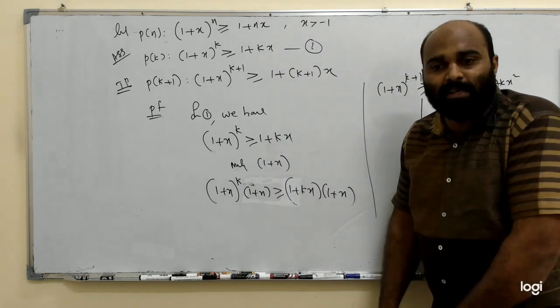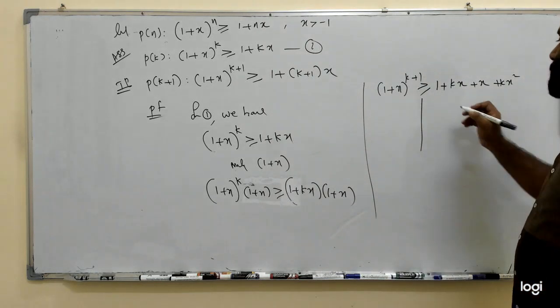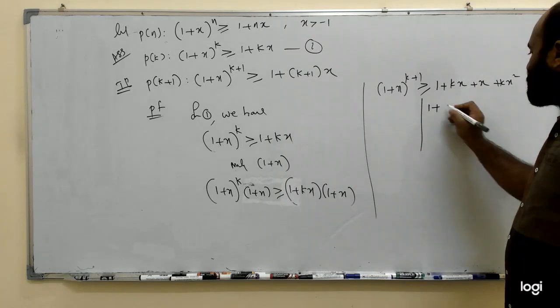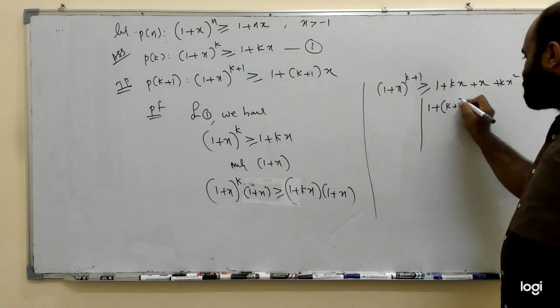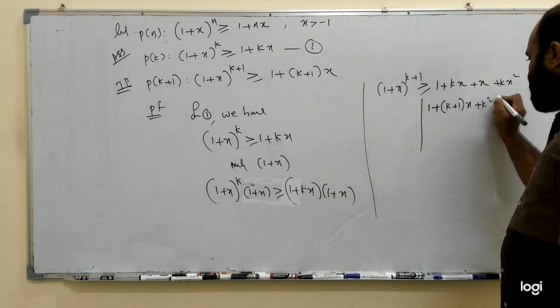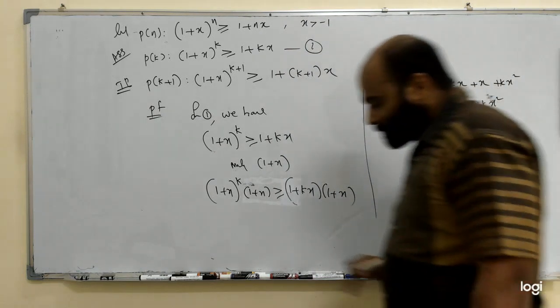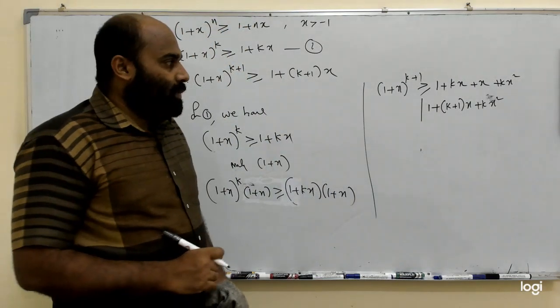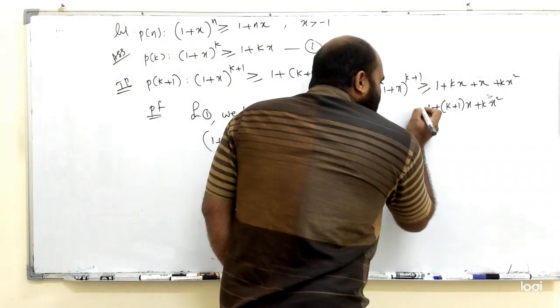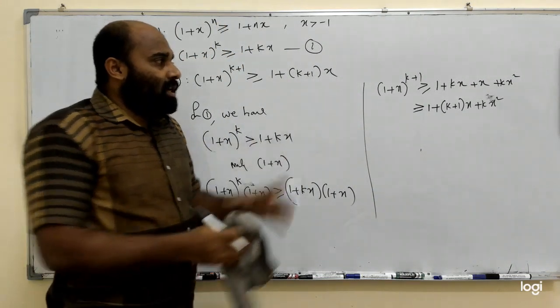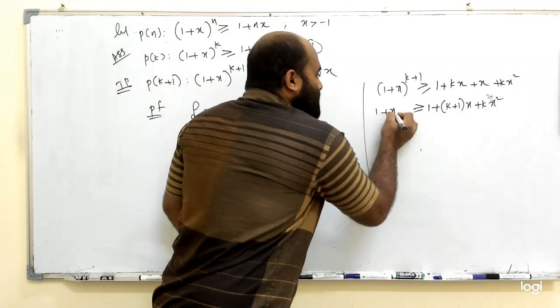We can simplify it, so I'm going to simplify this part. 1 plus, x is common, I'm going to take it out, (k plus 1) x plus kx square. See, this much I got. Now, if you put the inequality down like this, nothing will happen. See, actually we want to get, on the left side, what we have: (1 plus x) whole raised to what?